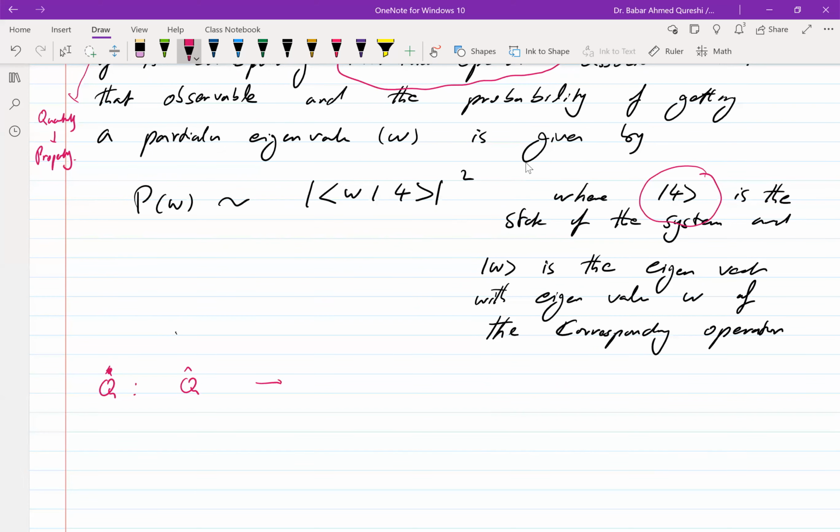There is a prescription to associate Hermitian operators with quantities or with observables. This is called quantization.